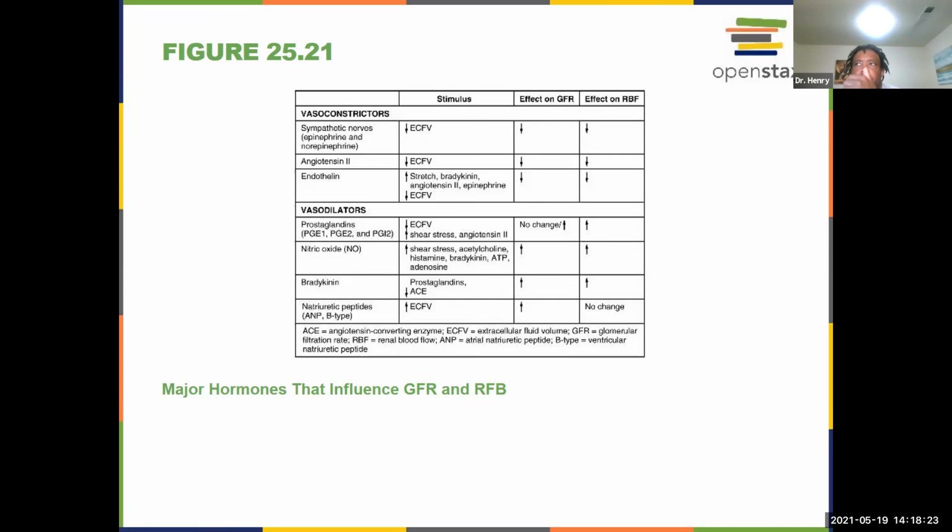As a result of the epinephrine, we're also going to get a decrease of our GFR and also of our RBF. Various hormones are going to play that part. Insulin is going to have that effect as well.